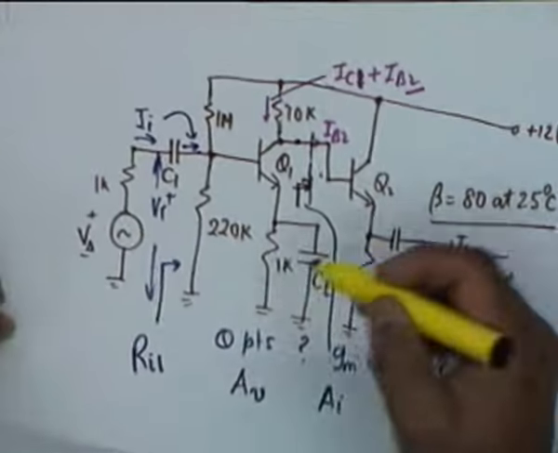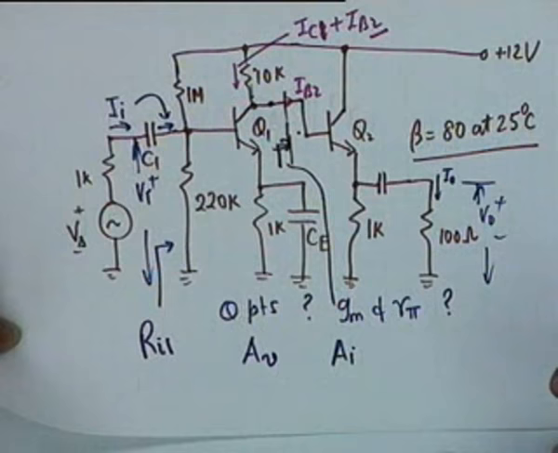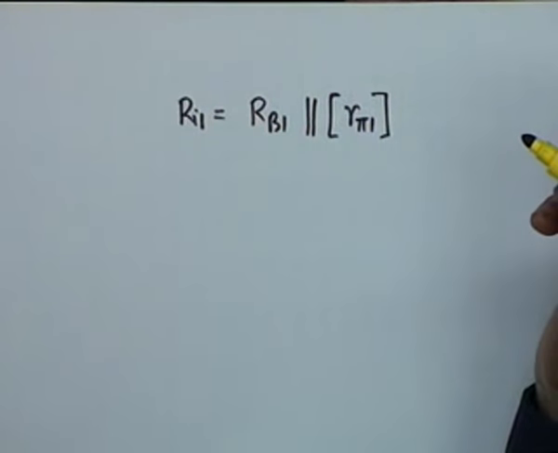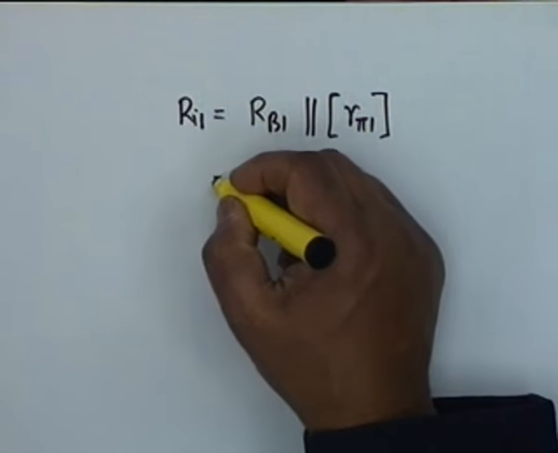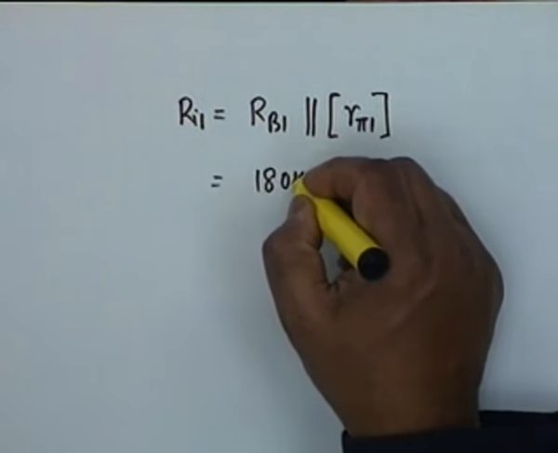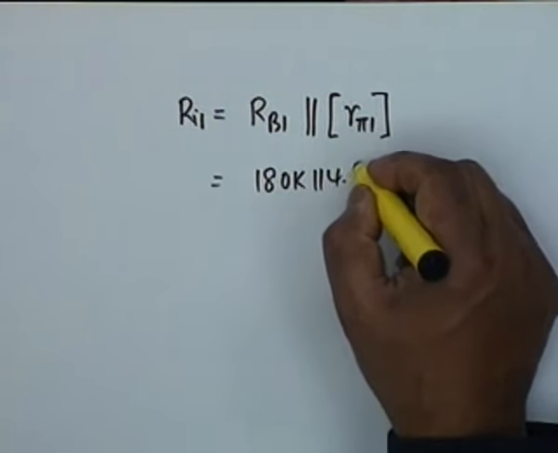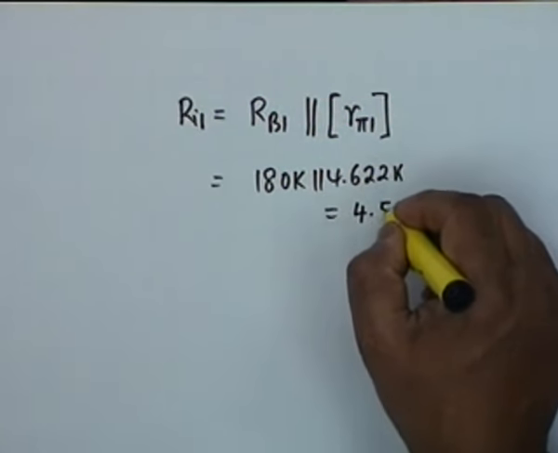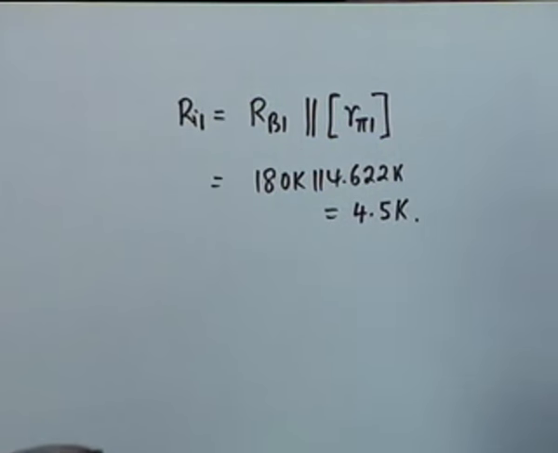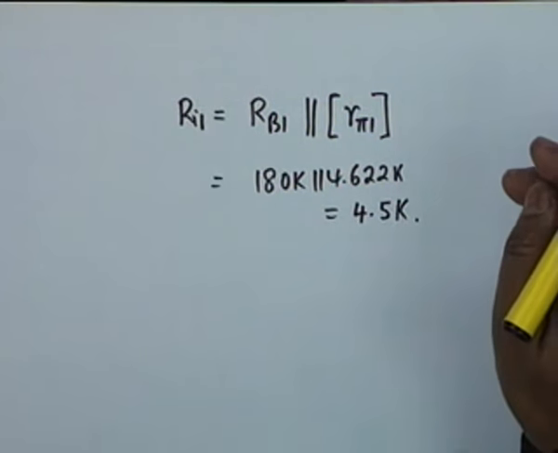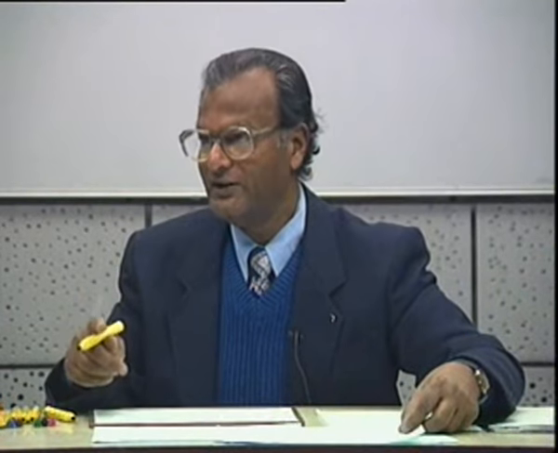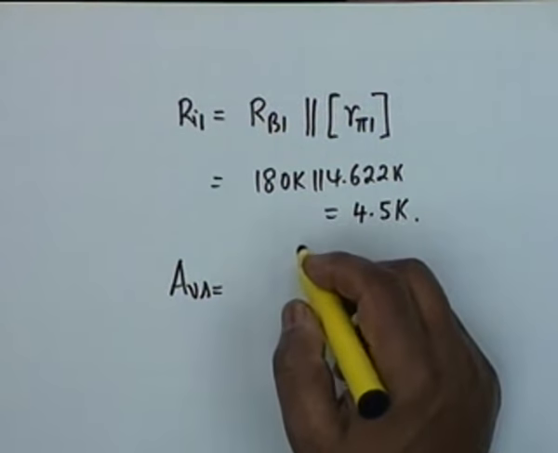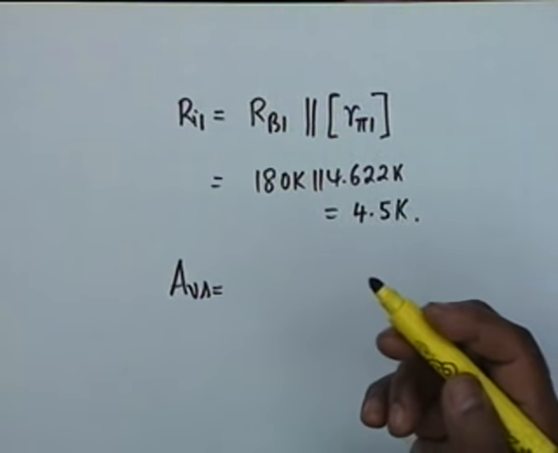No, this 1K is bypassed, so no beta plus 1, it's simply Rb1 parallel R pi 1, and that is 180K parallel 4.622K, and that comes out as 4.5K. Why do I need this? I need this to be able to calculate AVS. But I have not calculated AV yet.